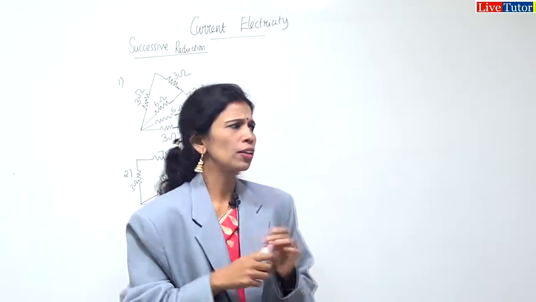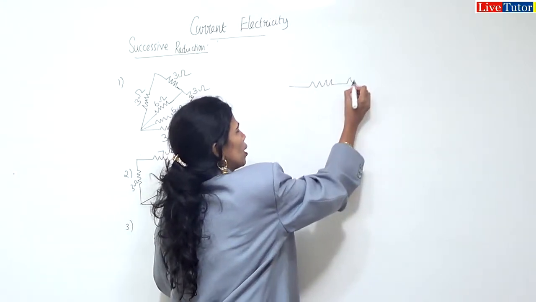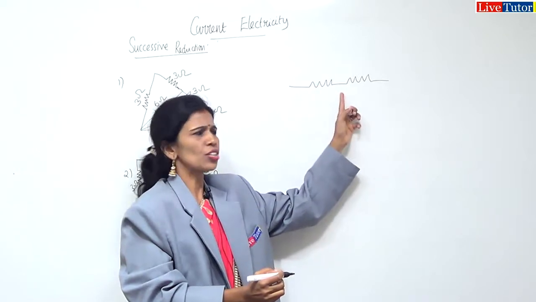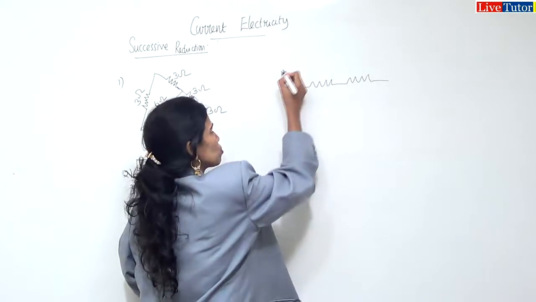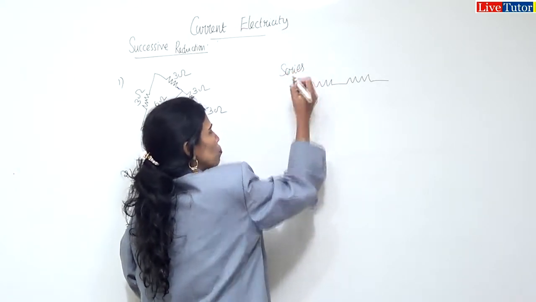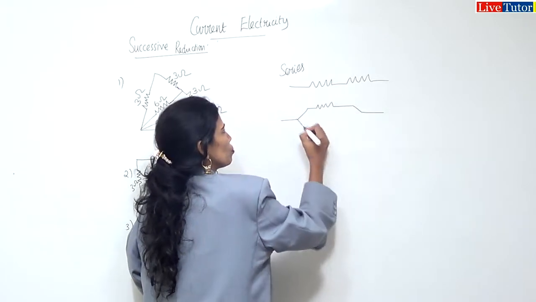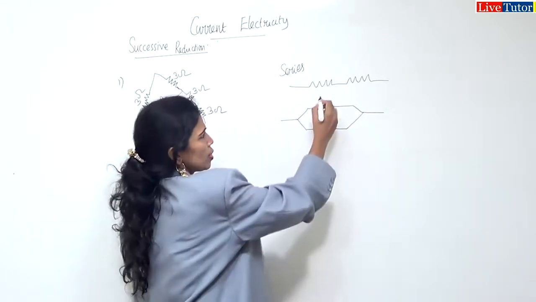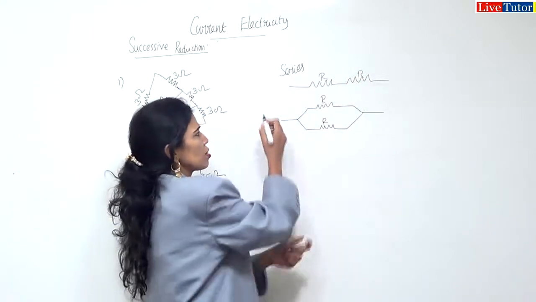It's very simple. Series means end-to-end connection. Like now you can see in this, two resistors are connected in series, end-to-end, only one end is connected. And when we speak about parallel connection, now you can see that two resistors are connected in parallel in this case.